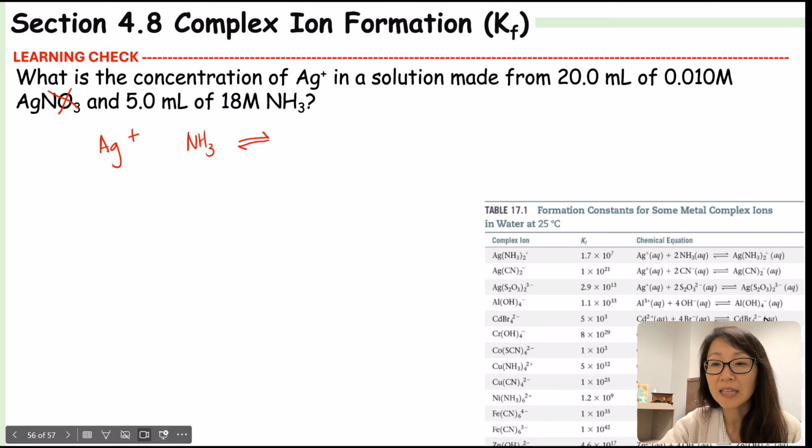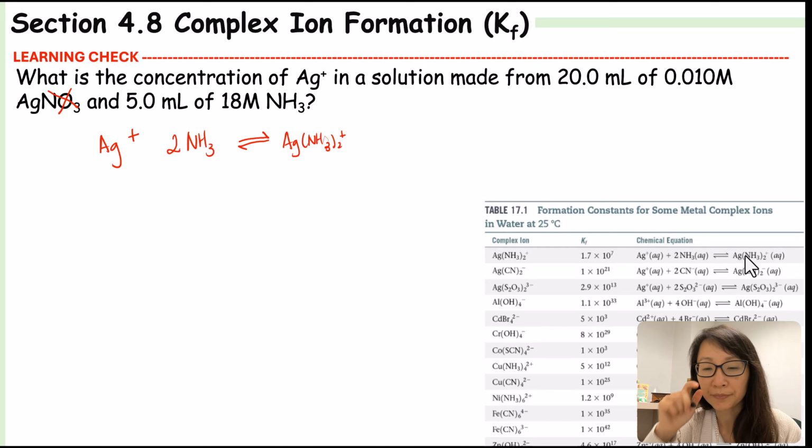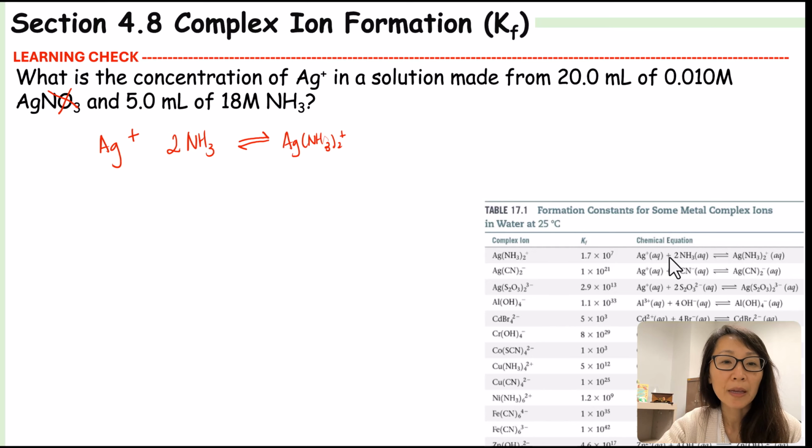Based on this table, it tells you exactly what it forms: silver, NH3, 2, plus. Oh, it is a plus, and there's a 2 coefficient in the beginning. Okay, let me write a plus sign here.